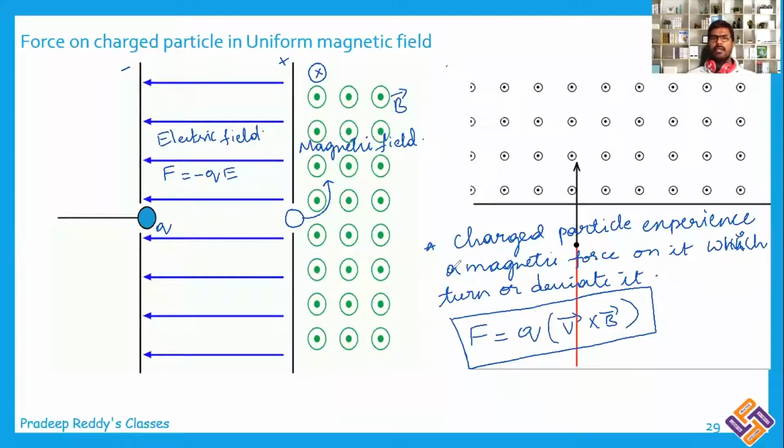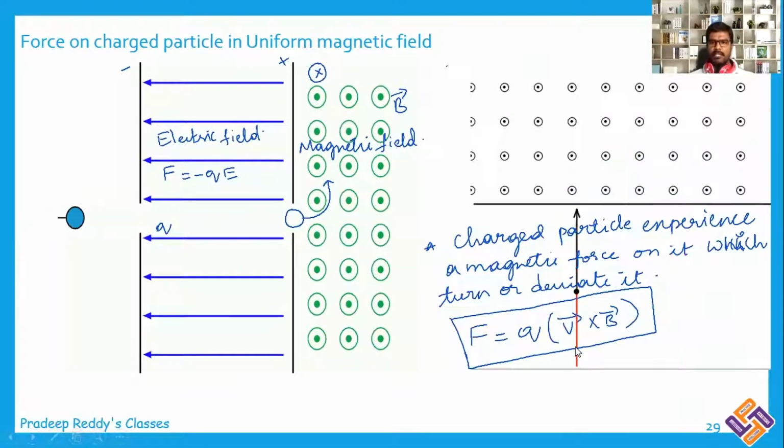This is the force experienced by the charged particle when it enters into external magnetic field. You are able to see that charged particle, it is initially coming slow. When it enters into electric field, it is moving faster, and then when it is entering into magnetic field, it is taking a turn.